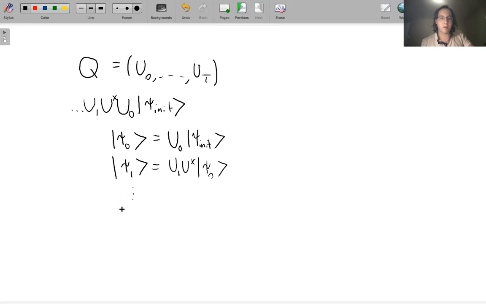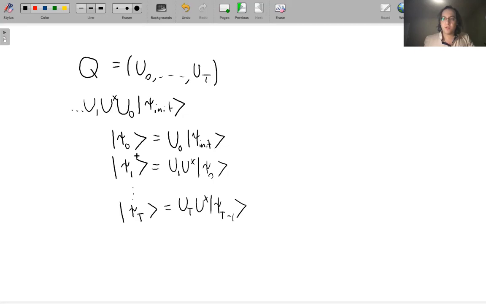And then, in general, we're going to define all of these up until the last one. So we have all these intermediate states that we get when we run Q on X. Now, the first one does not depend on X, but all the rest do. So psi1 and psi2 all have a dependence on this UX there, and therefore they change when you change X.